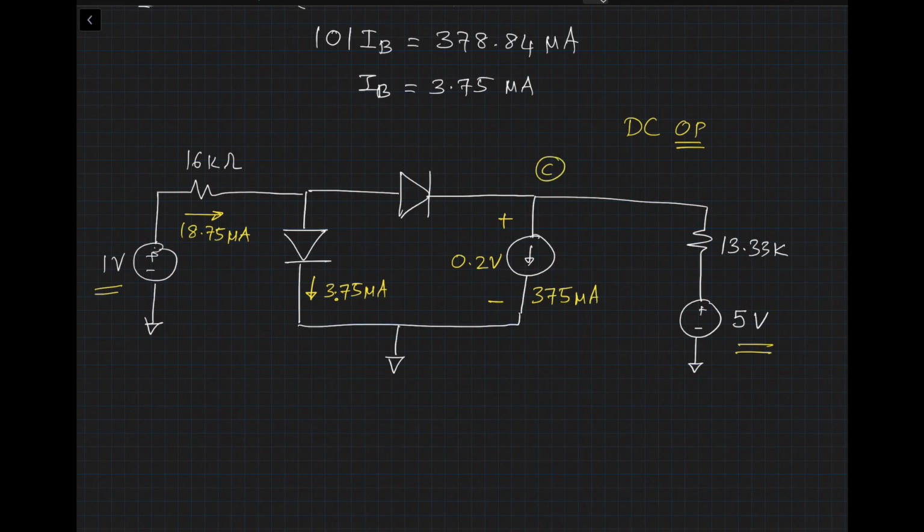This is our collector, this is the base region, and this is the emitter region. As we already said, the total collector current is 360 microamps.